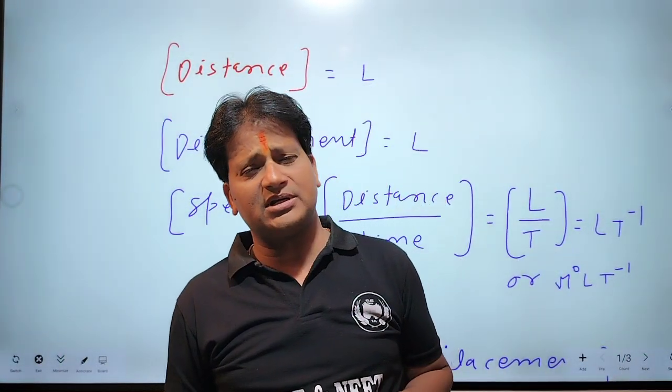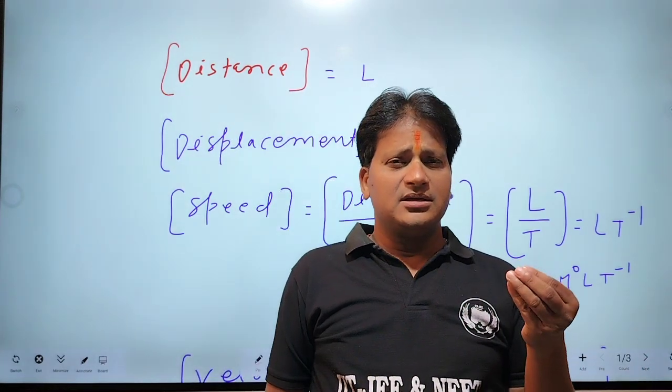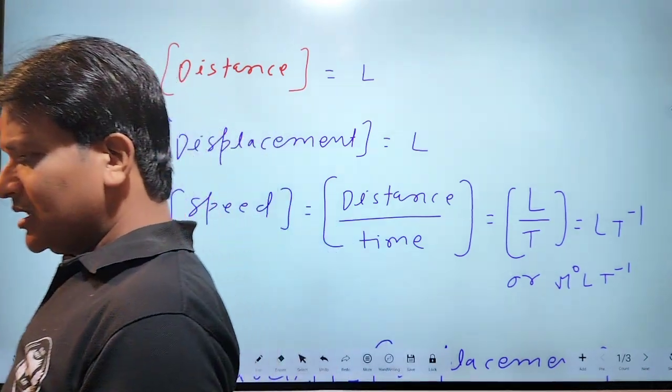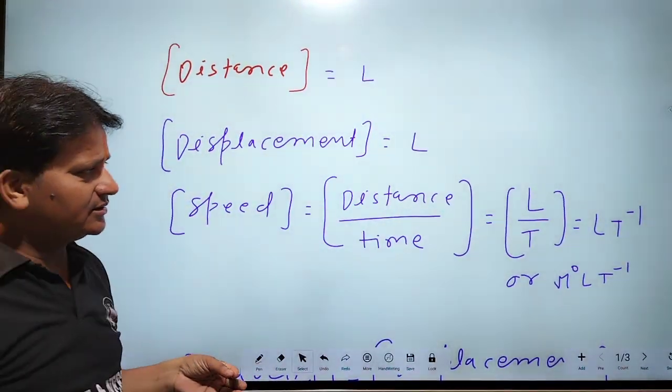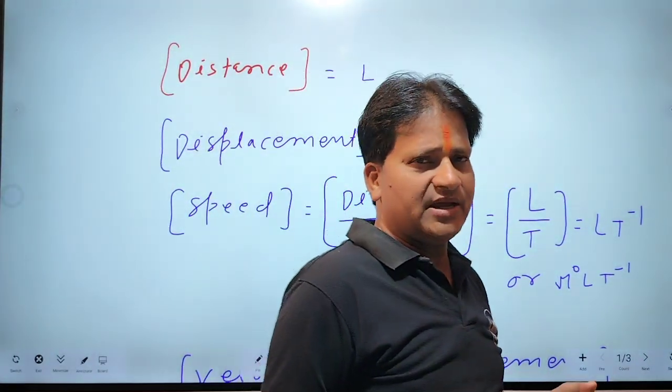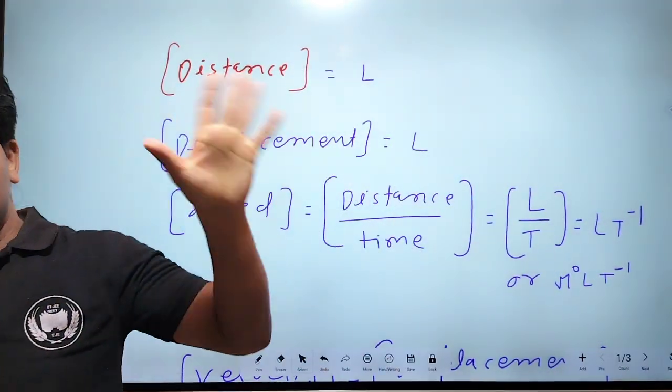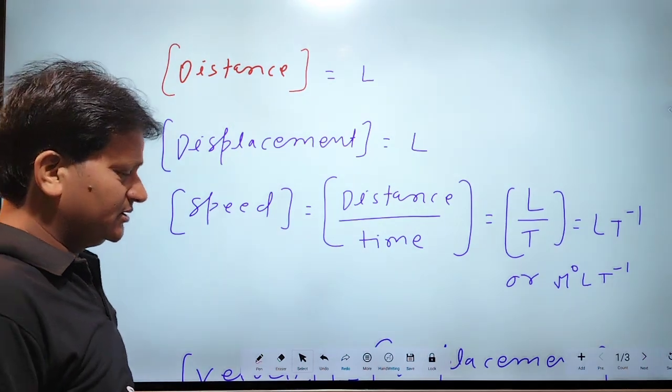The total number of fundamental quantities is equal to 7, and I have already found the dimensions of all fundamental quantities.